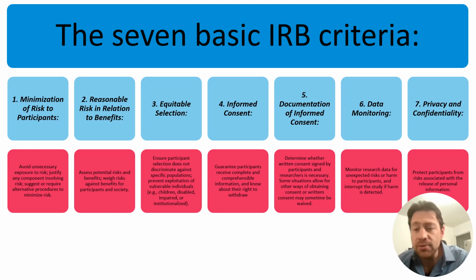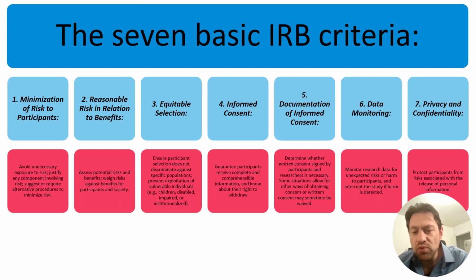4 is informed consent. So you have to guarantee that participants will receive complete and comprehensible information. All the information that they would need to make a decision presented to them in a way that is comprehensible, digestible. And also they have to know about their right to withdraw from the study and to say no. 5, documentation of informed consent.